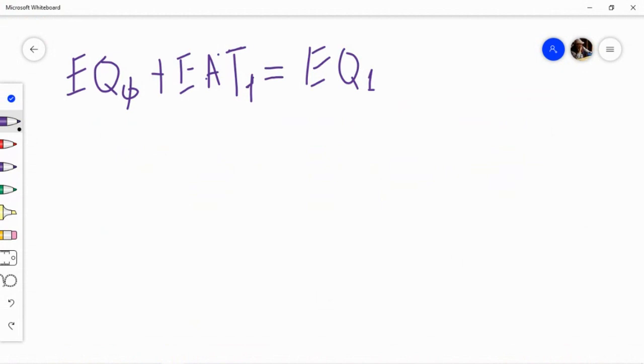That's what makes the difference between equity at time 0 and equity at time 1. But I said equity is only part of what? Equity is a part of something. And what is that something?